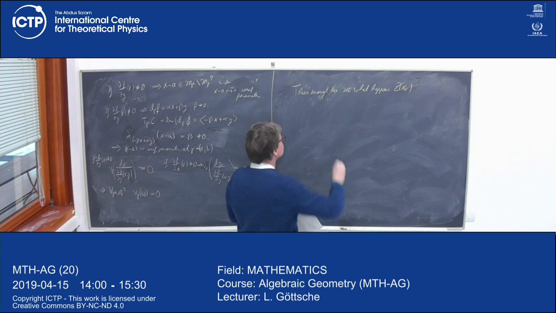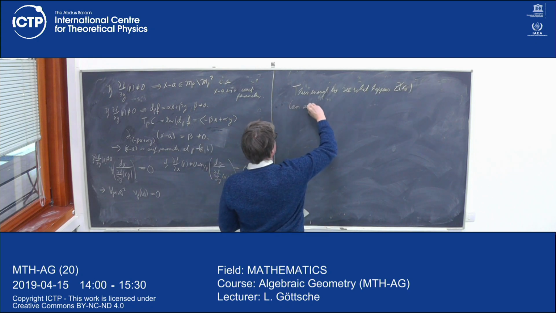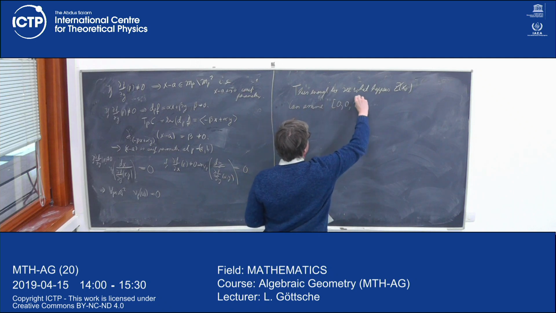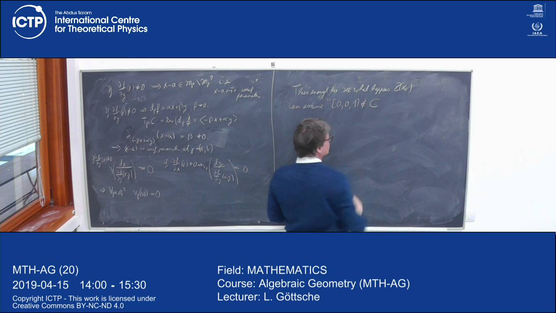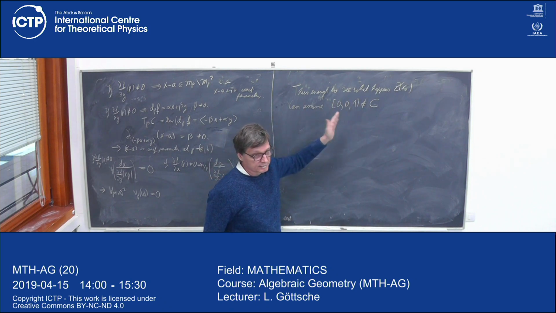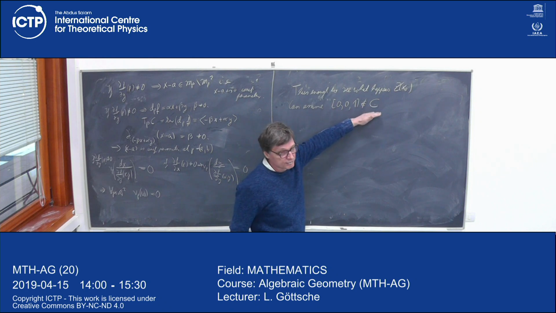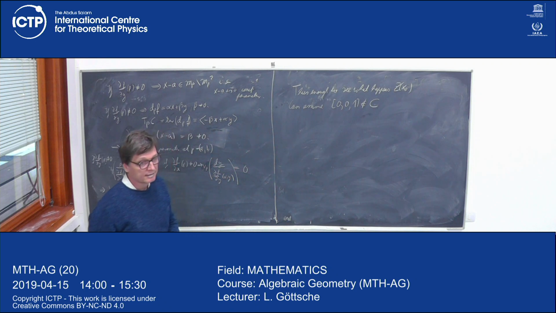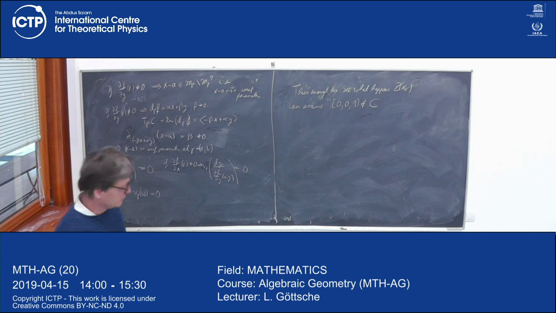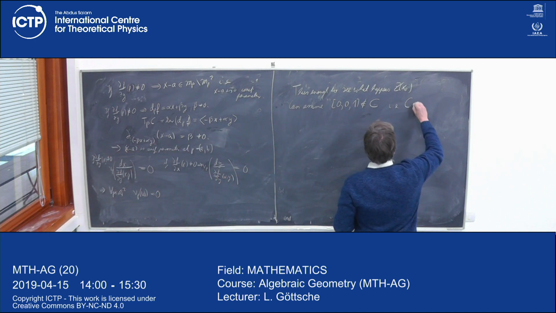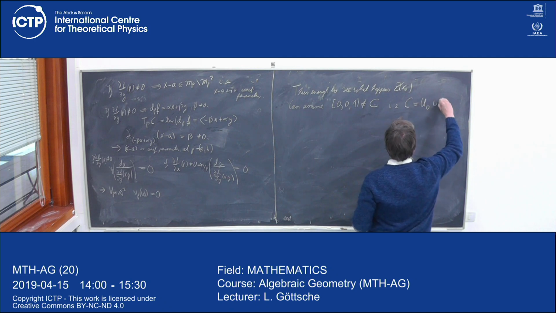So we can assume that the point 0, 0, 1 is not a point on the curve. You can move it a little bit by translating it so it doesn't pass through precisely this one point. It certainly has to intersect the line at infinity, but you can make it not go through that one point. So that means C is contained in U0 and U1.